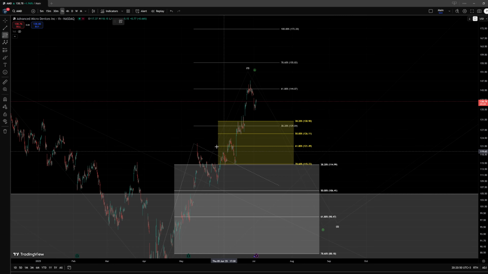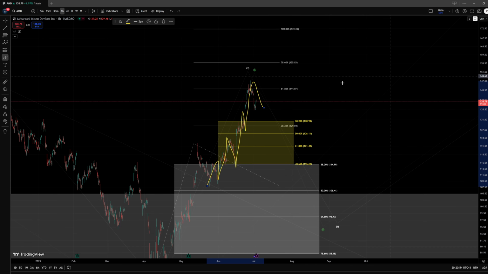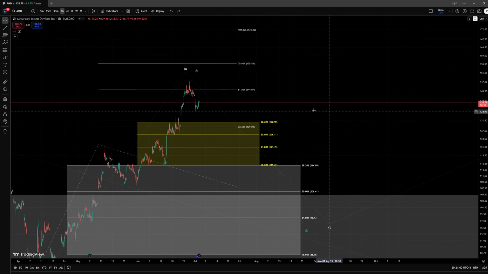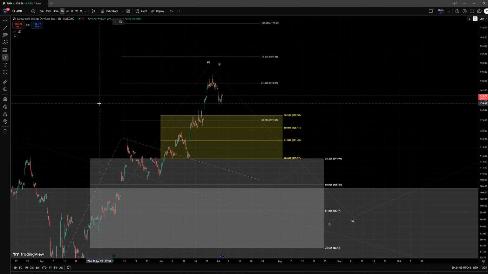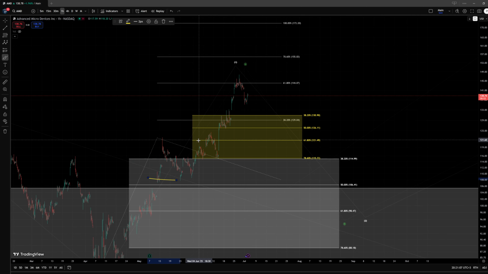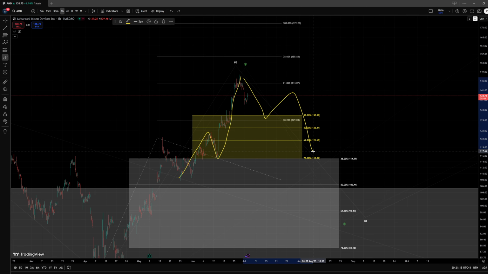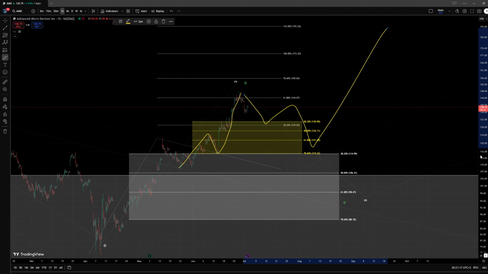Of course, it's possible that we had a bunch of 1, 2, 1, 2, 1, 2, 1, 2 setups here, but with this many 1, 2 setups, it becomes extremely unlikely. So we can at least consider that we had an A, B, C in a wave 1 here, and maybe the C isn't even finished, and then we go in A, B, C in a correction, and then we go directly into the third wave.